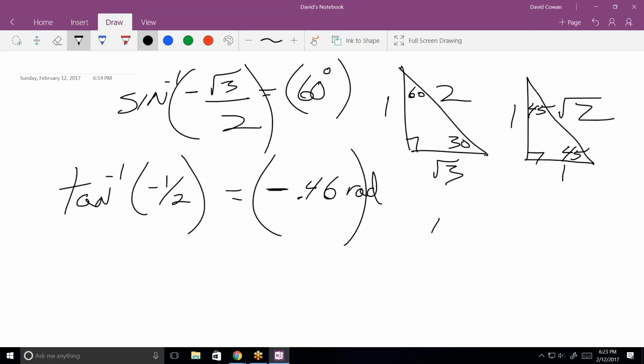Each quadrant is pi over 2, and pi over 2 is about 1.57. So this number is about a third of that. So you're looking at something very close to a 30-degree angle, but not exactly. Do you have a quick and easy way of converting from radians to degrees? No, it's pretty easy.